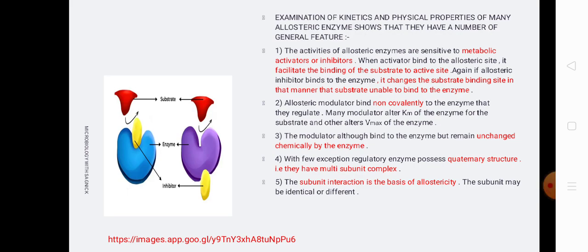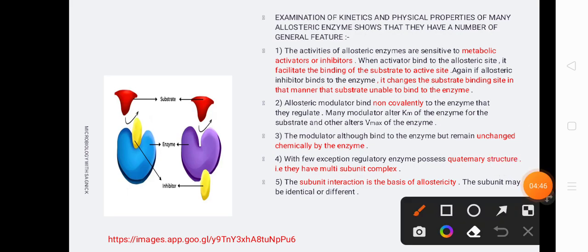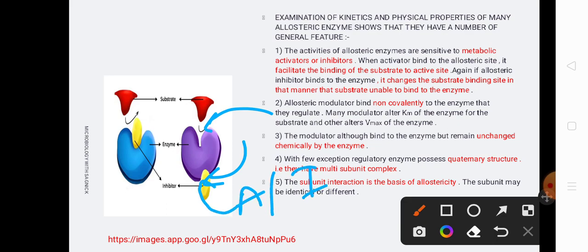So those are the properties of allosteric enzymes. For a quick recap, allosteric enzymes have two sites. One is the substrate binding site, another one is the regulator binding site. The regulator may be an activator or inhibitor. If an activator binds, it will change the substrate binding site in such a way that the substrate can easily bind with that site.